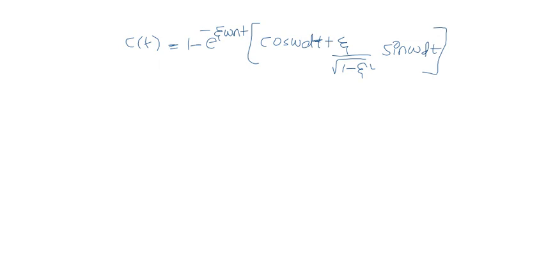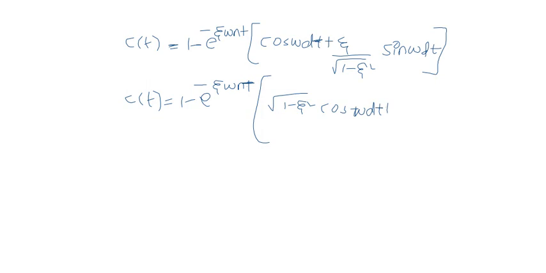And if you want to simplify this one, again 1 minus e power minus zeta omega nt, just e power minus zeta omega nt, and under root of 1 minus zeta square, cos omega dt plus zeta into sine omega dt.